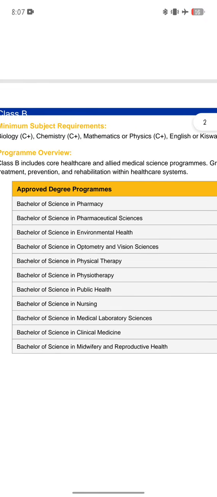You find a student who has met all these requirements except biology, where you're supposed to have C+, but they have a C plain, and then he or she is crying to do that course under that category. You must fully meet these subject requirements without exception.